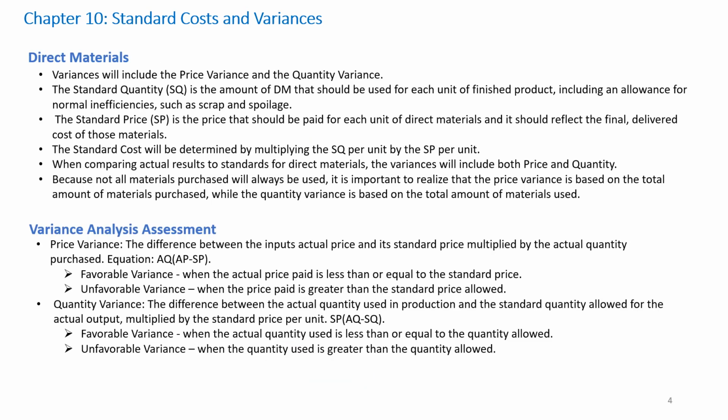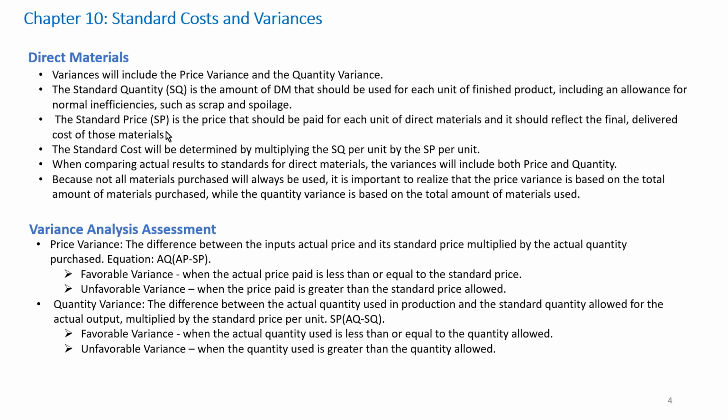Standards for direct material will consider both quantity and price. The standard quantity will be the amount of direct material that should be used for each unit of finished product, including an allowance for normal inefficiencies such as scrap and spoilage.